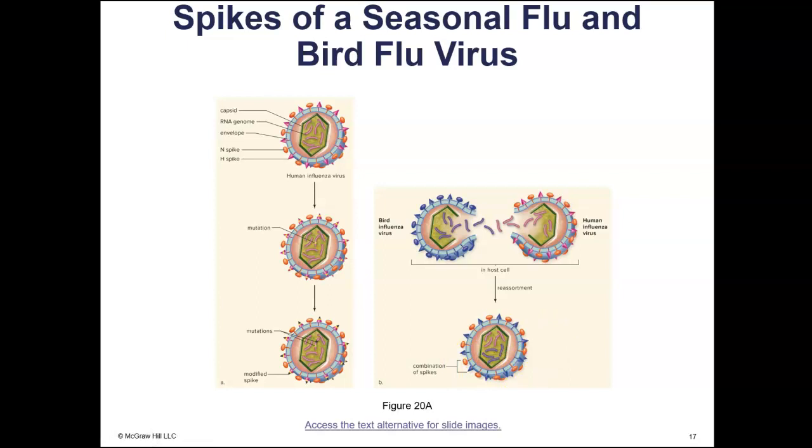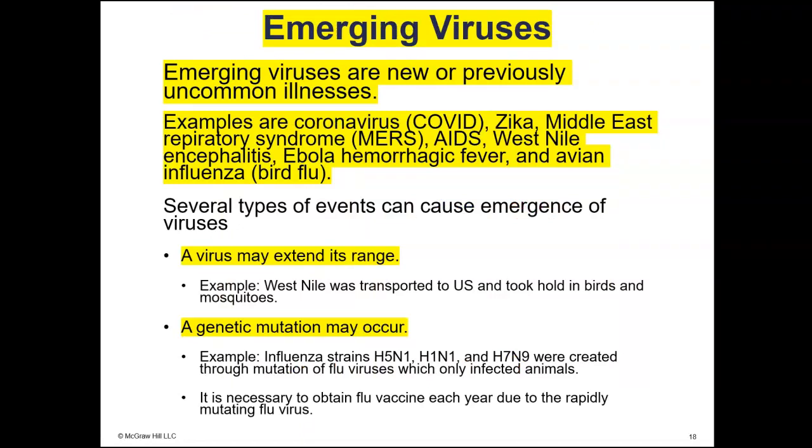And that's how it happens. A lot of times, the only way you're going to get that close with humans and birds is when people work in chicken houses or turkey houses, coming in contact with the respiratory secretions from the chickens and the turkeys.